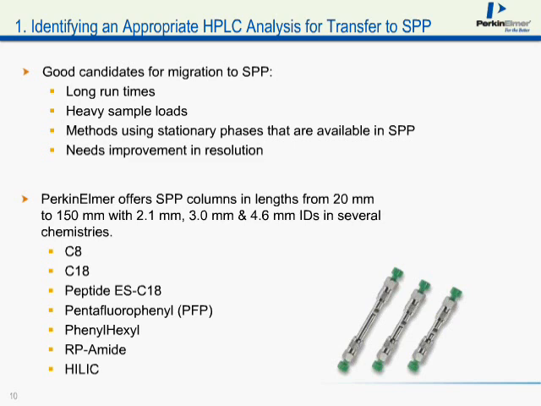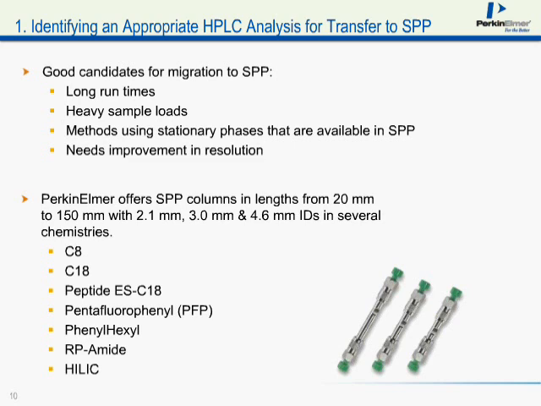And so what are good candidates for transfer? Well, in my mind, good candidates would be those that have long run times. Say you have run times of 30, 40 minutes now, you could optimally reduce those to 10 minutes or less.